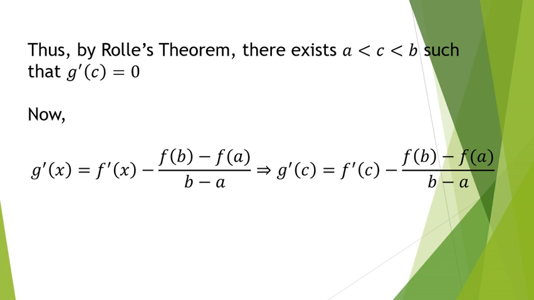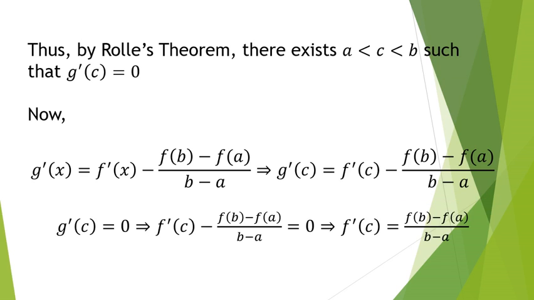And by Rolle's theorem, this quantity right here is equal to 0. So we set that equal to 0, we move the fraction onto the other side, and we come up with the conclusion of the mean value theorem. So this is the proof of the mean value theorem.